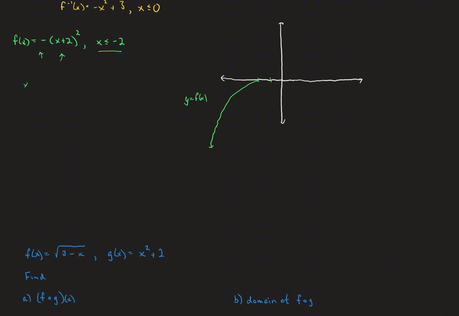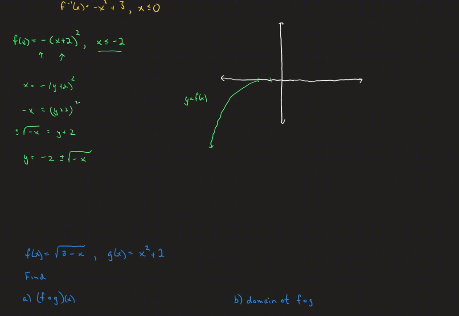We're going to switch our x and y and then solve for y. We multiply that negative x to the other side, and then take the square root of both sides. Remember, we want all possible square roots, so at this moment we're not sure if it's going to be the positive or the negative square root. Then we subtract that 2 to the other side, and we need to decide whether it's positive or negative.